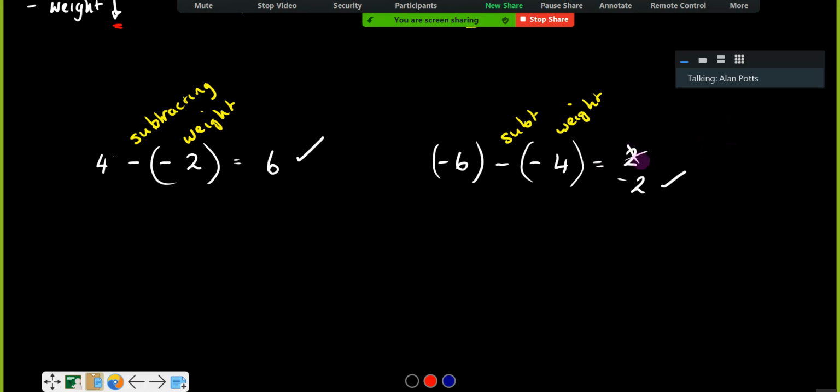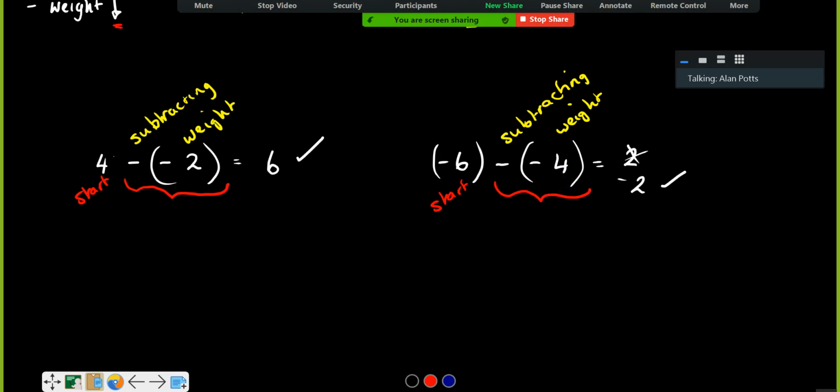Now, do you notice that the subtracting weight bit, it doesn't matter where you start from? A lot of people have this problem as they go further, that they worry the number that they start from influences what they then have to do. Because really what they have to do is just this bit here. The number at the beginning is just their starting point, and they get a bit confused.